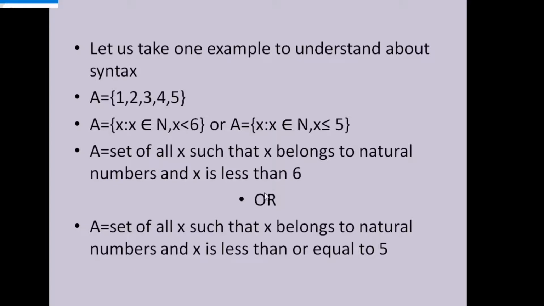In the same way, A is equal to set of all x such that x belongs to natural numbers and x is less than or equal to 5. This is how we write this syntax, or simply this is called set builder form.